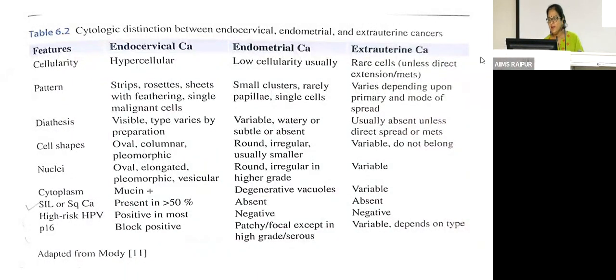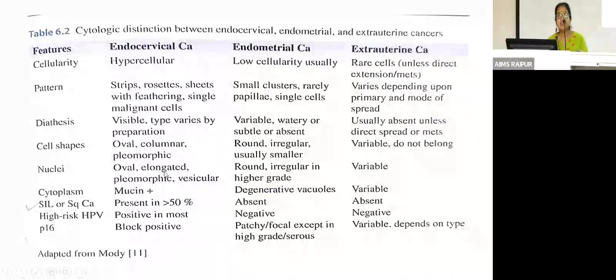So if you compare all of these, you can see in the endocervical adenocarcinoma, the cellularity is most. It is hypercellular for obvious reasons, because that is being sampled directly. Tumor diathesis is present in all, but it is visible more often in endocervical carcinoma. Cell shapes. Endocervical carcinoma, the cell shapes are generally oblong.